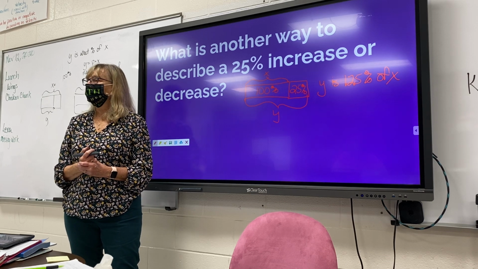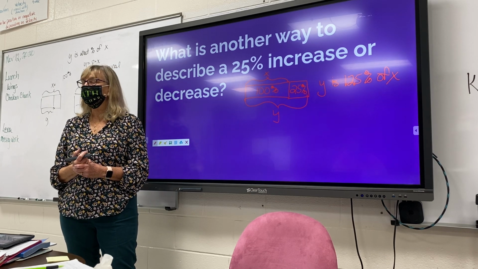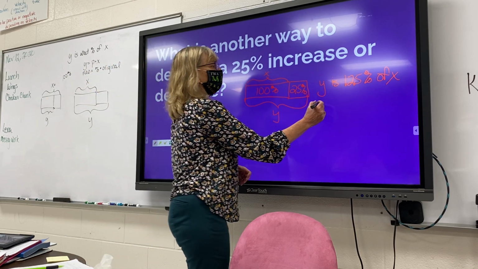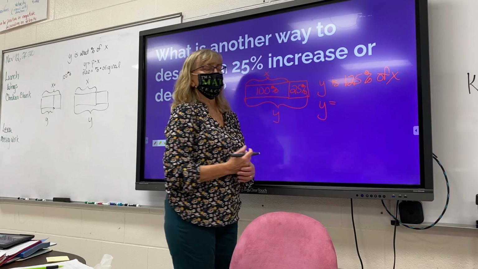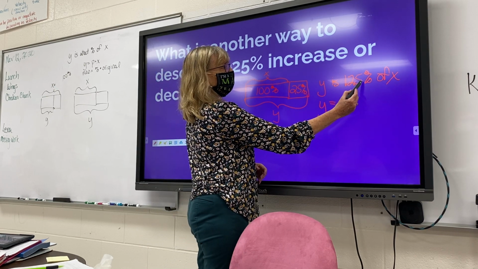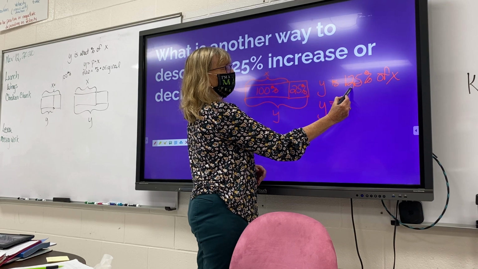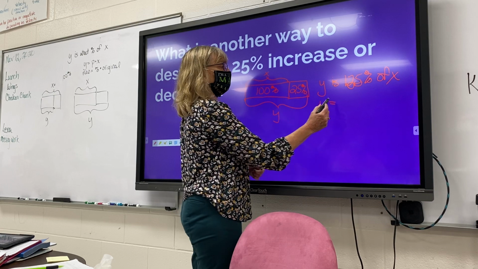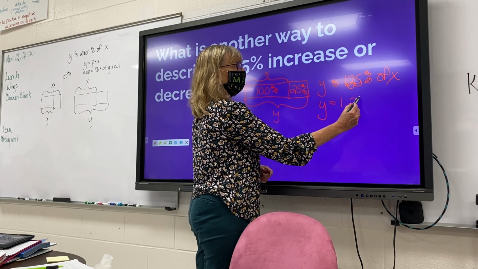Okay, how do we write 125% as a decimal? We don't know how to do that? Okay, you move the decimal point over 2 places to the left because you're dividing by 100 because percent is per 100. So that's going to be 1.25x.